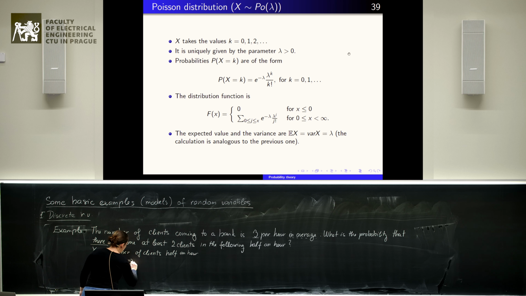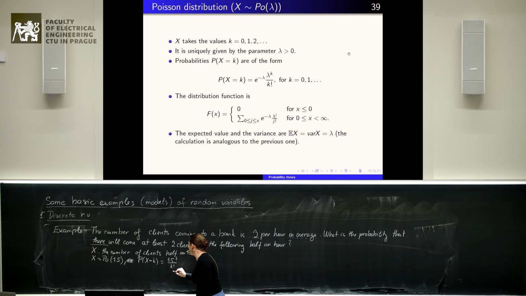So it means that the probability that exactly k clients will come in the following half an hour is equal to 1.5 powered by k over k factorial times e powered by minus 1.5, for k equal to 0, 1, and so on.